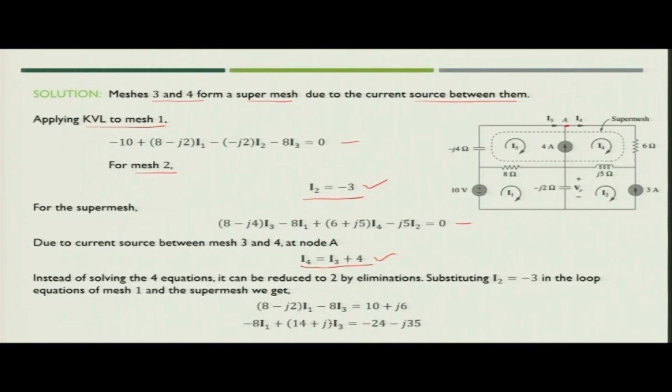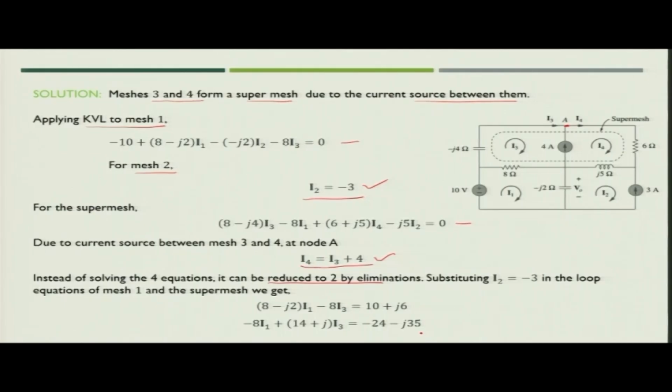So, when we simplify, we are reduced to only 2 equations. So, what are those 2 equations? First, we will have 8 minus J2 I1 minus 8 I3 is equal to 10 plus J6, and similarly for the second one, we will get minus 8 I1 plus 14 plus J I3 equal to minus 24 minus J35.